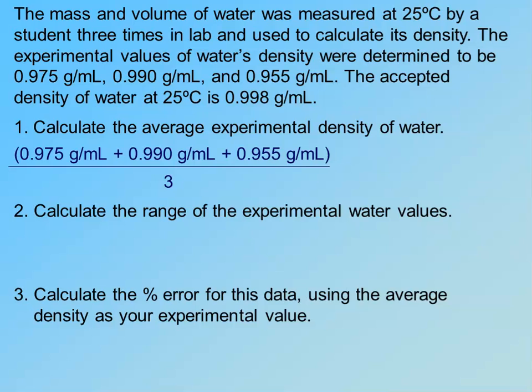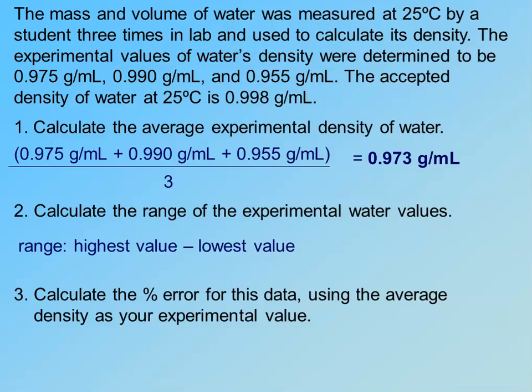So it would end up at 0.973 grams per milliliter. When we are doing that addition, you would actually have a total of 4 sig figs because of the 2 in front of the decimal places, but the decimal places are what was determining our precision, and since we're dividing by an exact value, we want to keep that number of decimal places.